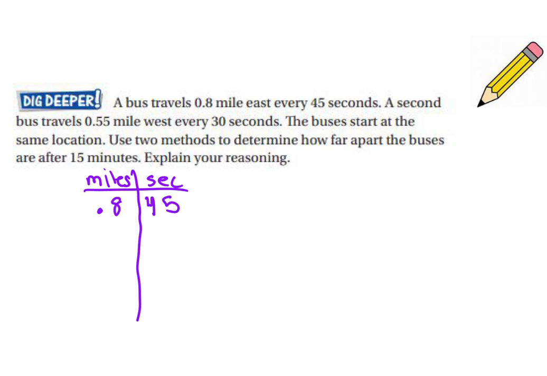A second bus travels 0.55 miles in 30 seconds. The buses start at the same location. Use 2 methods to determine how far apart the buses are after 15 minutes.